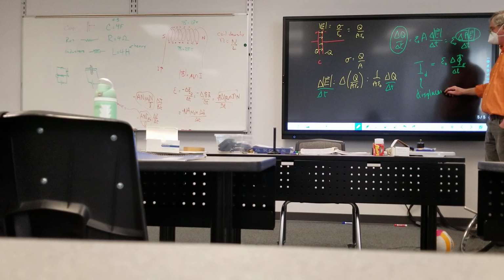My electric field changed. So as my electric field changed, my electric flux changed. So we have the electric field changing, causing a change in the electric flux. If the electric flux changes, I'm creating a magnetic field. That creates a magnetic field, not a delta V yet.